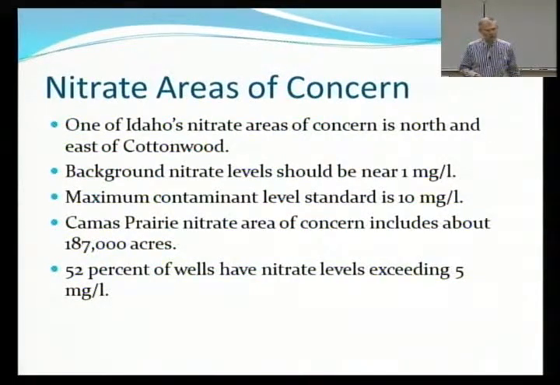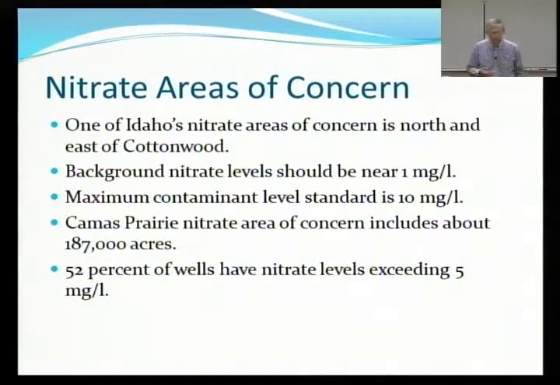The Idaho Department of Environmental Quality has identified nitrate areas of concern, areas where the nitrate levels are above background. Background may be near 1 milligram per liter, or part per million. The maximum contaminant level, above which action gets taken, is 10 milligrams per liter.